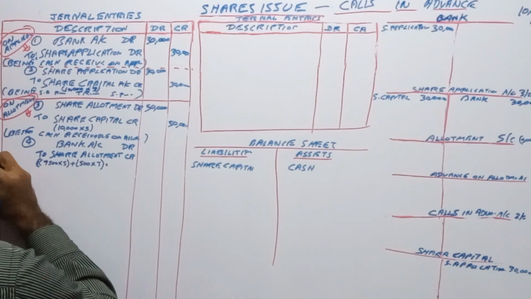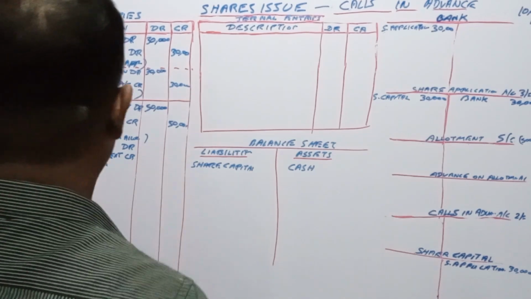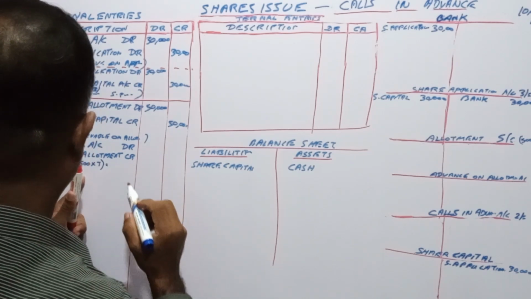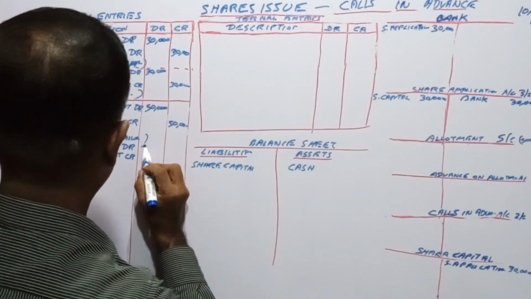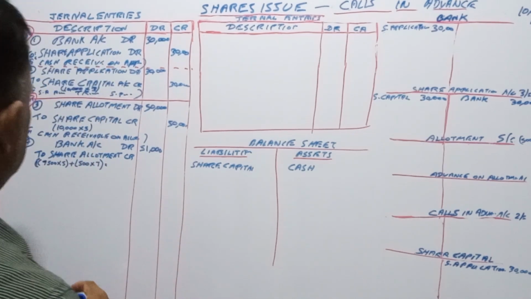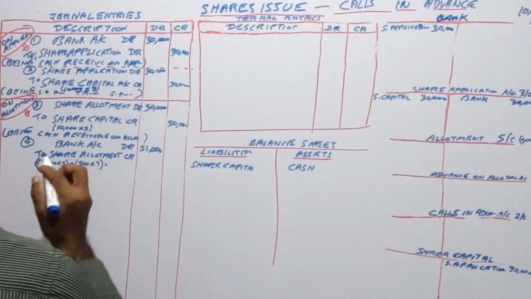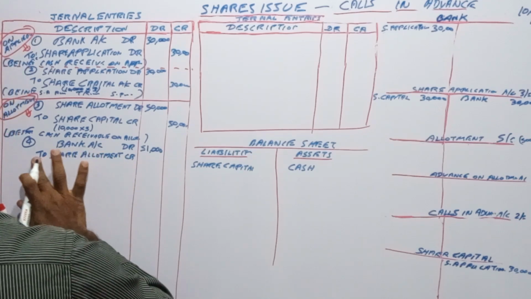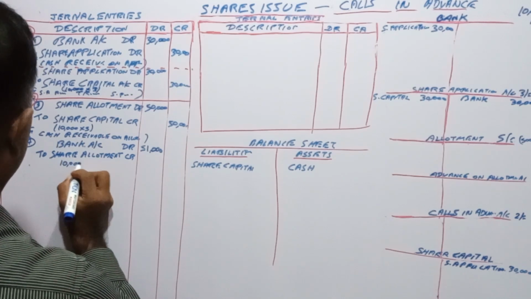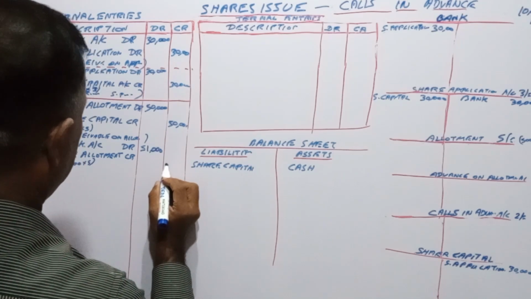So 51,000. Bank account debit 51,000, to share allotment account credit 10,000 into 5.